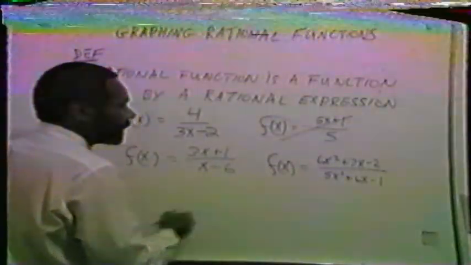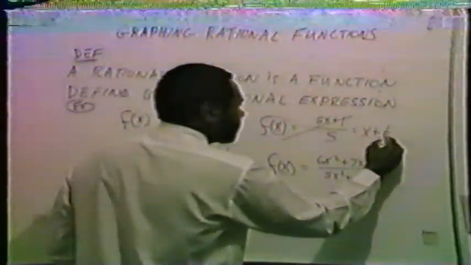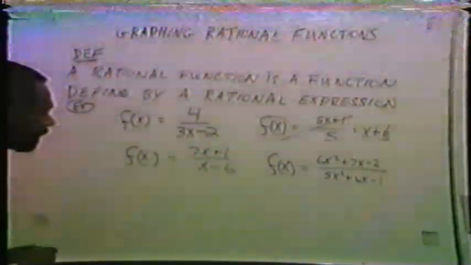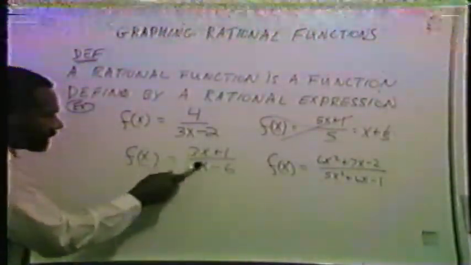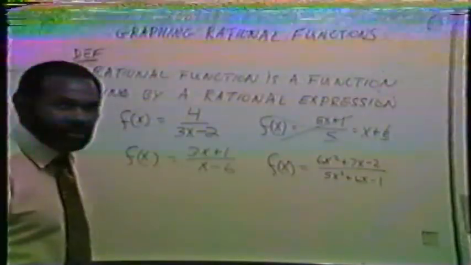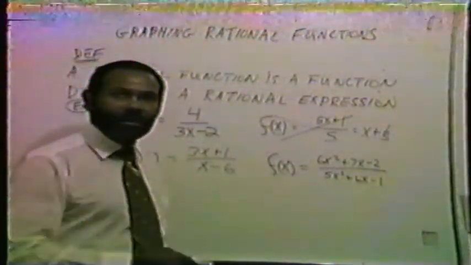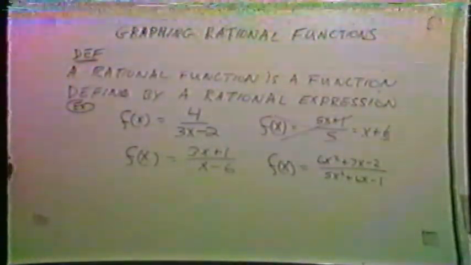This would reduce to x plus 1/5. So that's just an ordinary linear equation. But the types of rational functions that we're concerned with are the types that have x or some expression involving x in the denominator. So that's what we mean by a rational function.